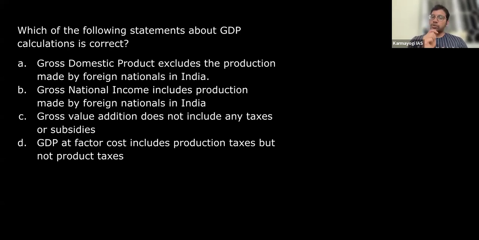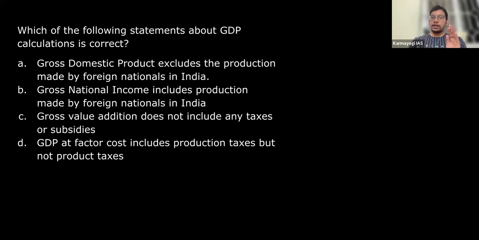Production taxes are those taxes which are levied even before the production, like land tax, or you can say stamp duty, right? It includes things like registration fees, whatever taxes are levied when you are starting the business, even before your actual production of goods; those are called production taxes. And whatever taxes are levied after production, per unit, that is called the product tax, right?